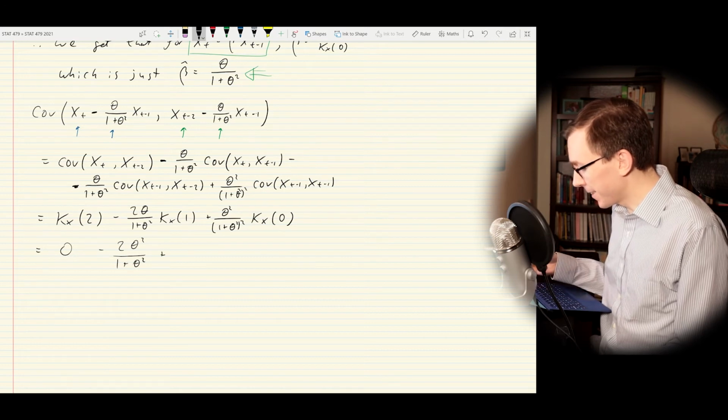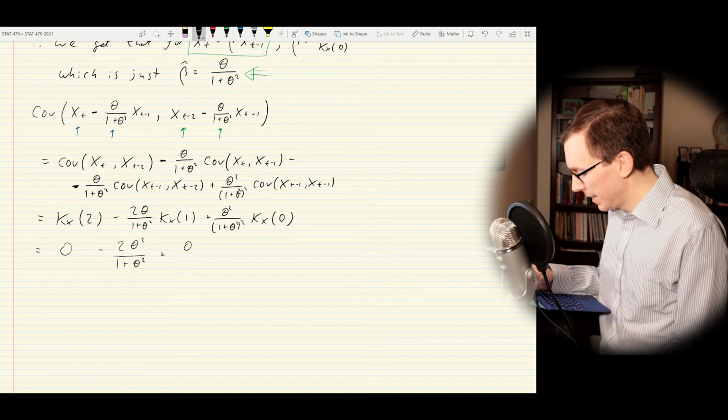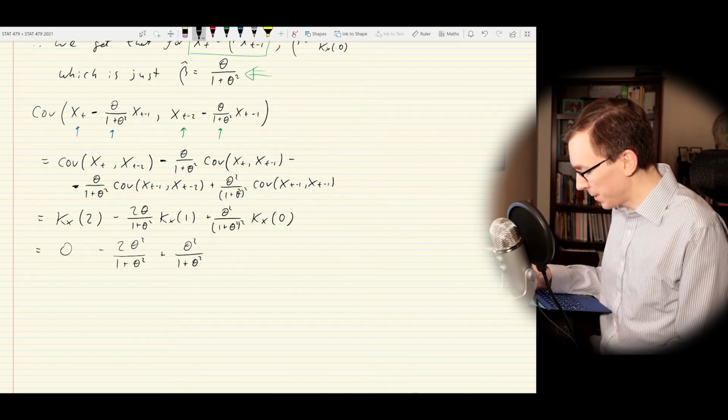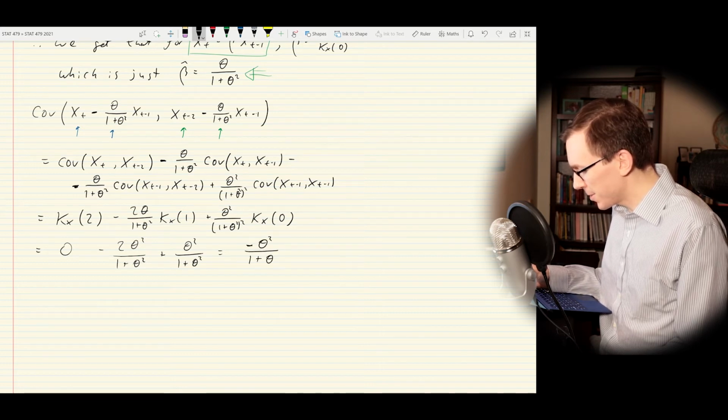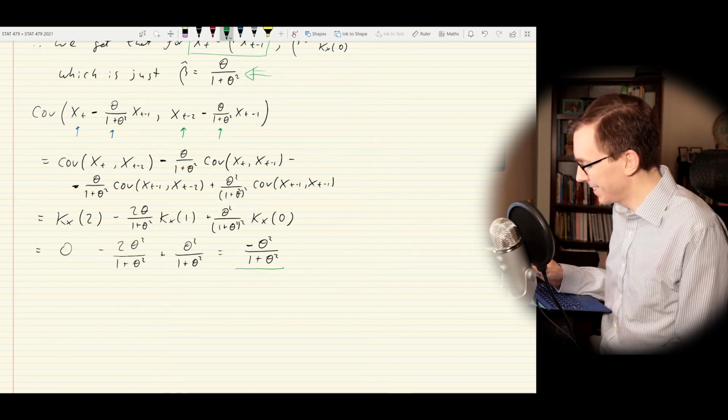And over here, we should get a 1 plus theta squared, which means I get a theta squared divided by 1 plus theta squared because one of them in the denominator cancels out. And when I put this all together, I get a minus theta squared divided by 1 plus theta squared. And yep, that's exactly what I had written down. Good.